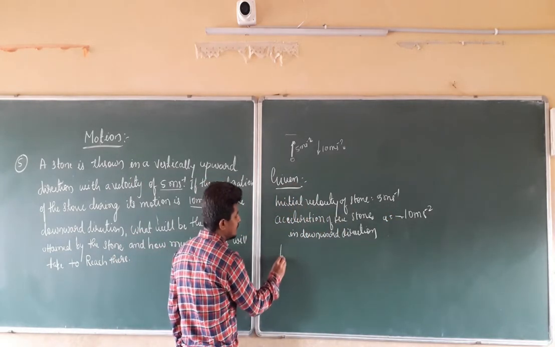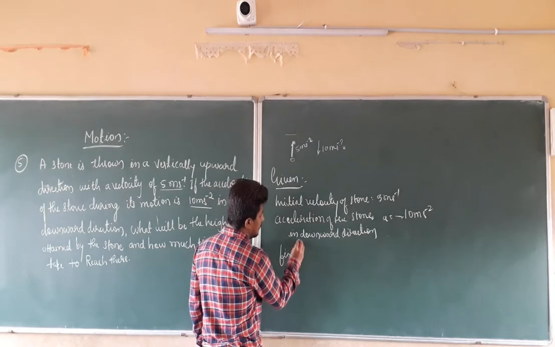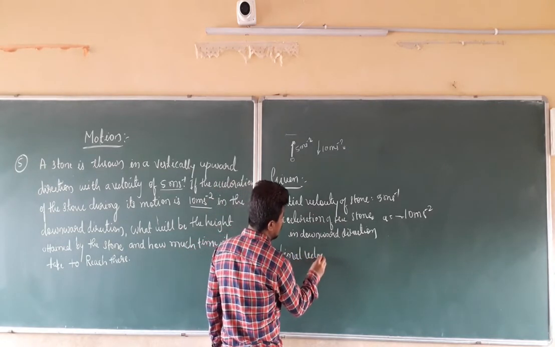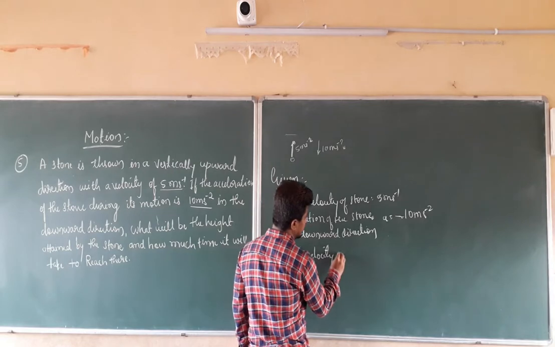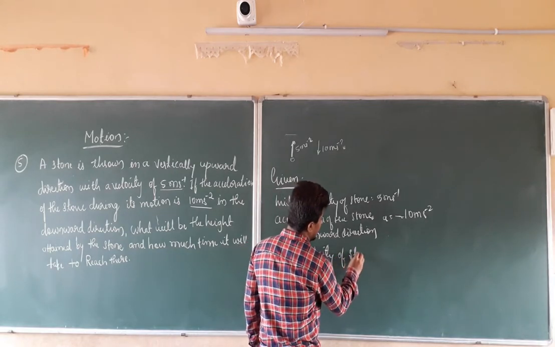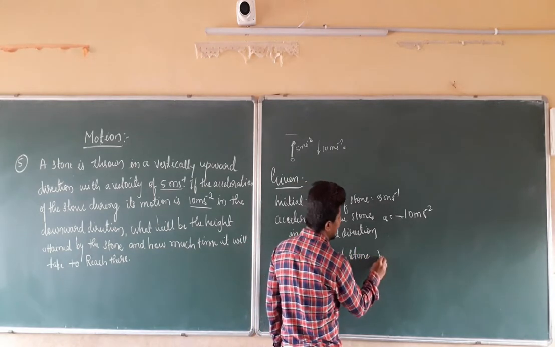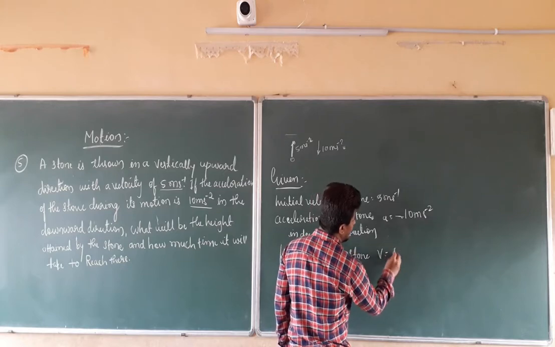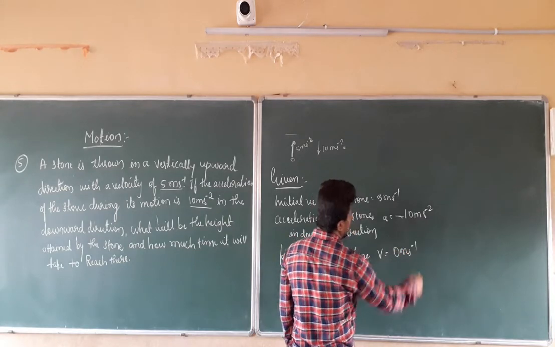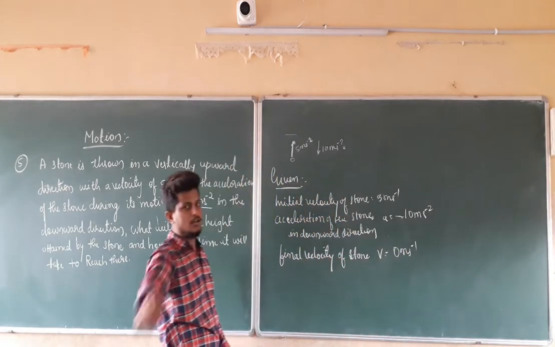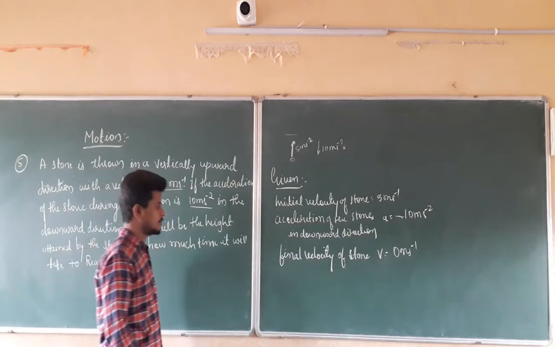Next, the final velocity of the stone. What will be the final velocity of the stone? That v is nothing but 0 meter per second. After attaining some height, it is going to stop there.